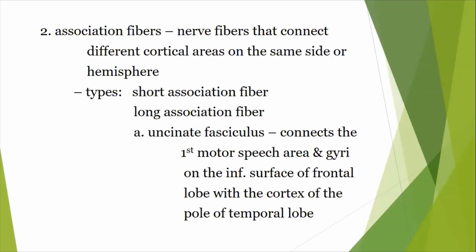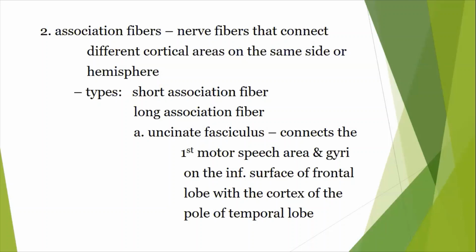Then from your commissures, you have your association fibers. These are nerve fibers that connect different cortical areas on the same side or hemisphere. There will be two types, the short association fibers and the long association fibers.